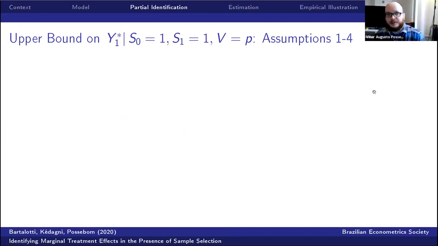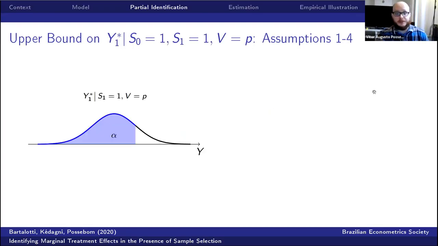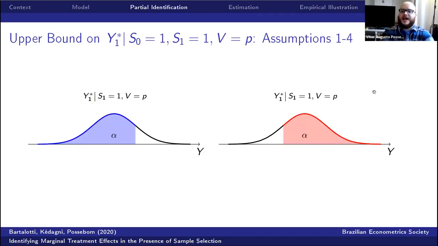For the upper bound, we have a very similar reasoning, but instead of focusing on the left tail of the distribution, we actually focus on the right tail of the distribution. For the upper bound, we assume that the population that is always employed has the best wages within the population that is employed when treated.